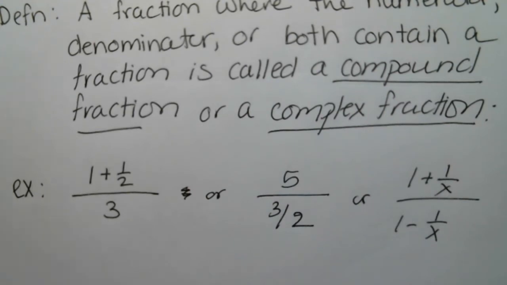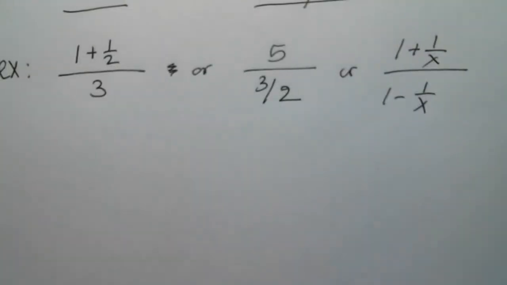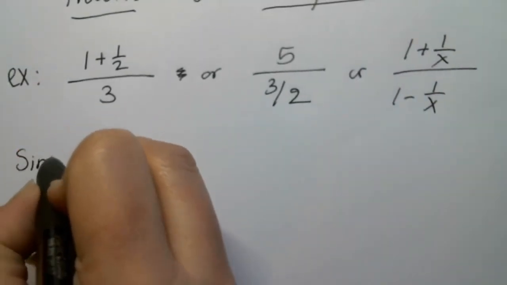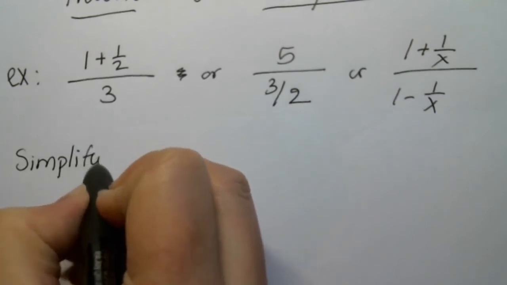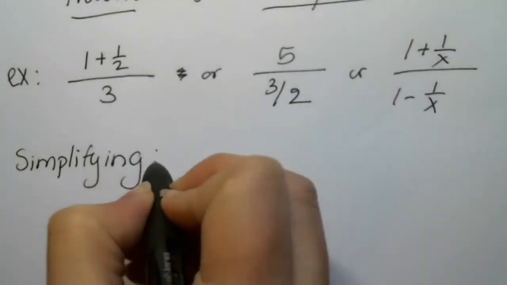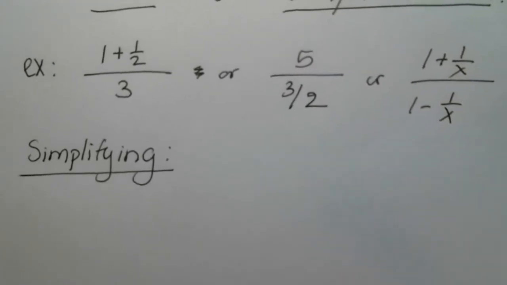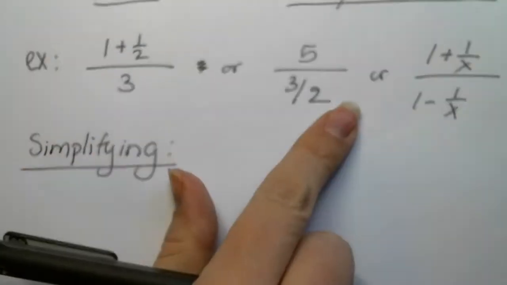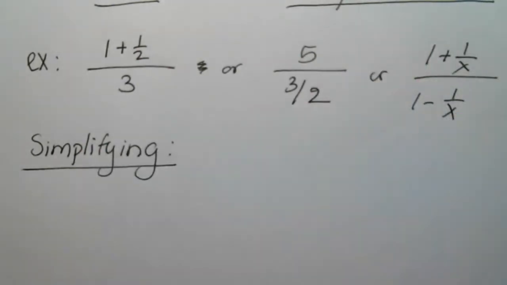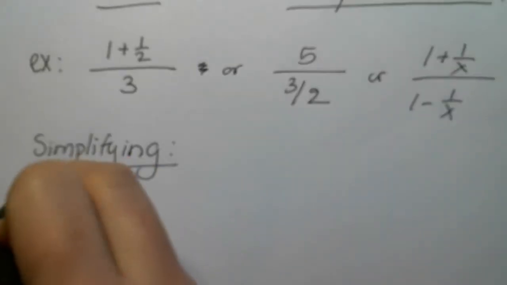Okay, so what we're going to focus on is simplifying these fractions. Okay, so this goes for whether you're looking at a numerical compound fraction like these two or something that has variables like this one. This method will always work.